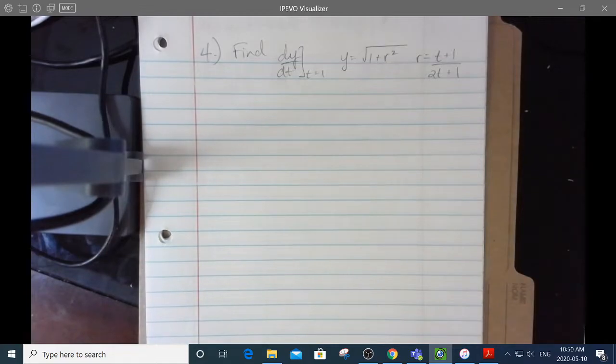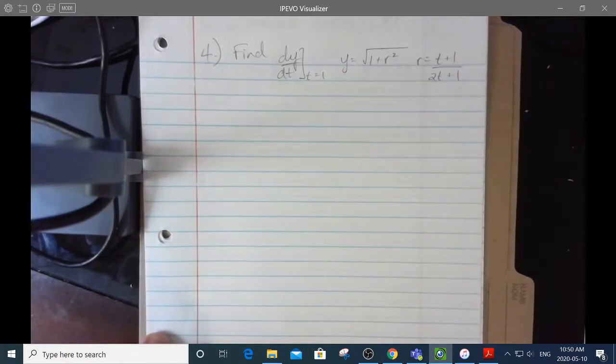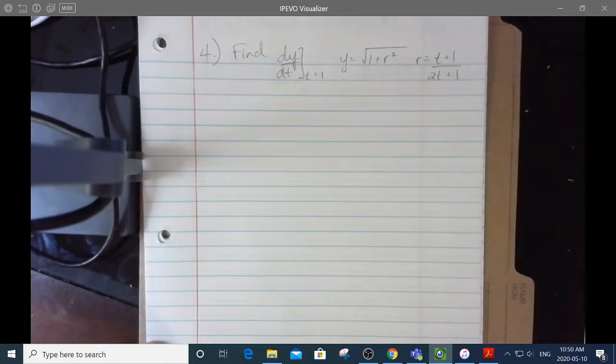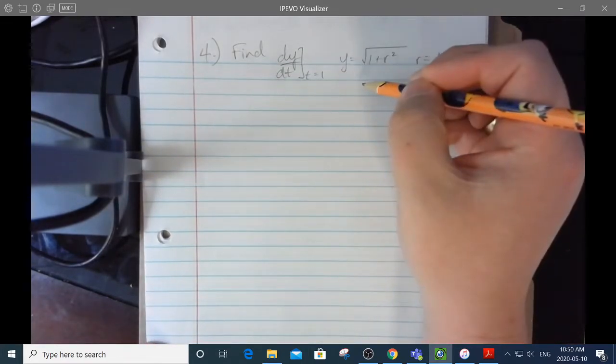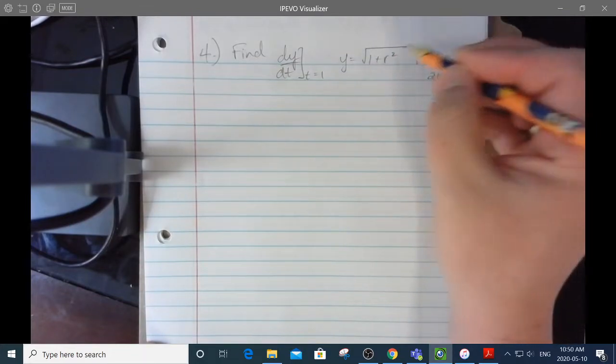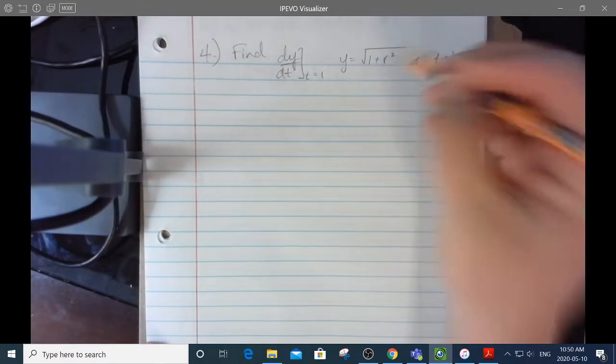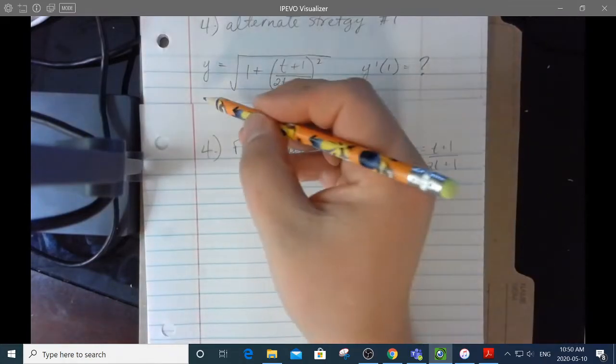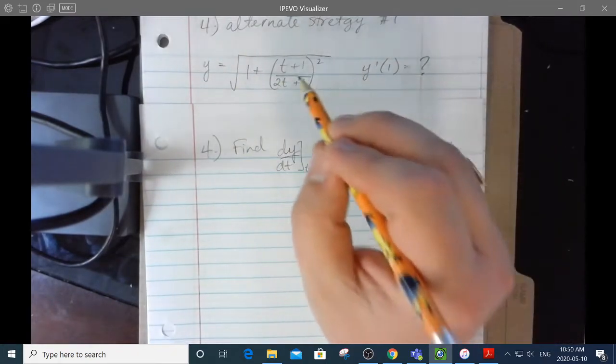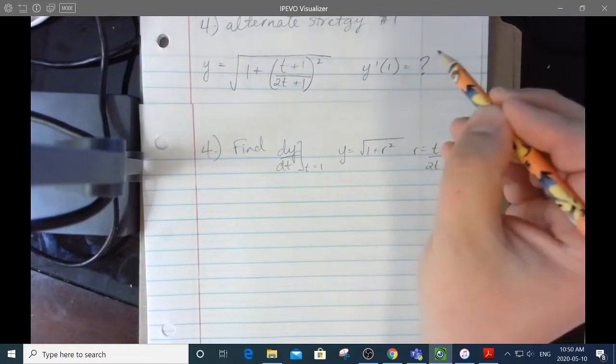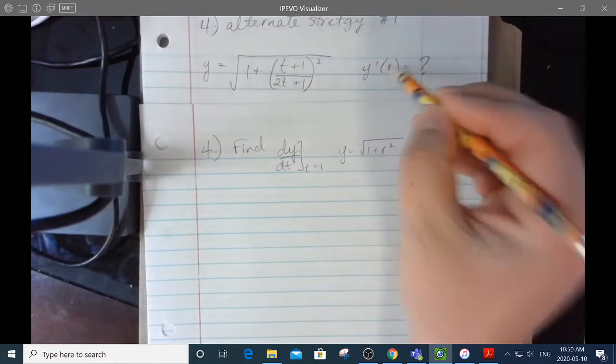There we go. Okay, so first of all, I had one student who asked me about this, just didn't know what it was asking. What it's basically asking you to do is find, if this is my function and this thing here goes into where r is, well, that means that if I were to write it out in full, it would look like this, and I want the derivative of this, and then find the value when t is 1.